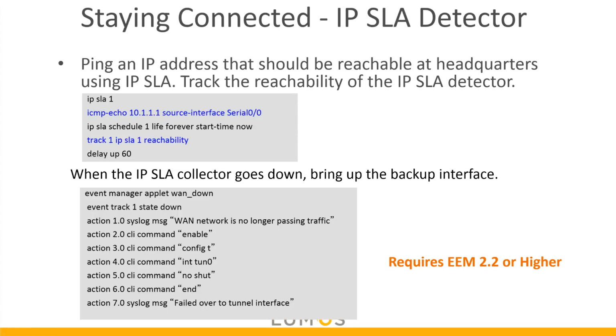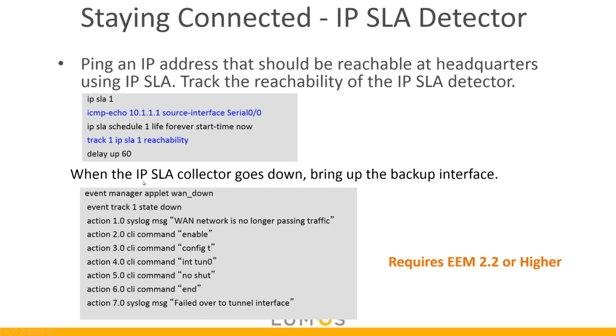The idea is that we're going to create an IP SLA, and use ICMP echo to ping a particular IP address out a particular interface, in this case serial 0/0. We use IP SLA schedule with sequence number 1, essentially start now and run forever, and then track this event using track 1 and IP SLA 1 to determine reachability.